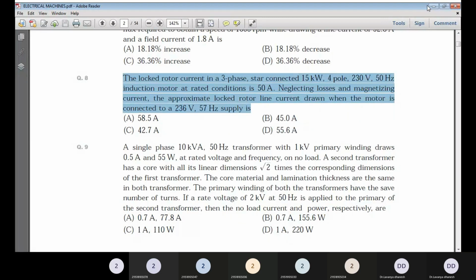So what is Z? Generally we know Z is equal to the square root of R squared plus X squared.